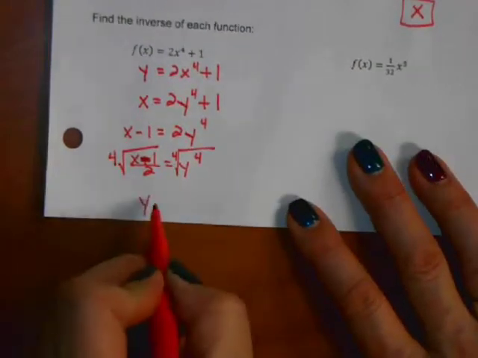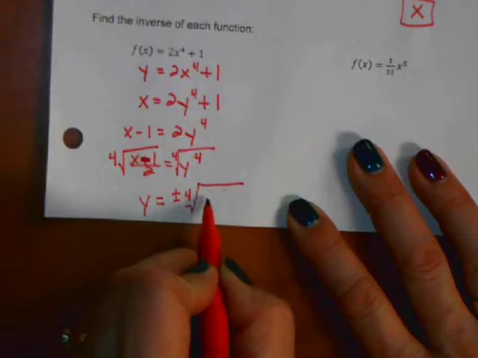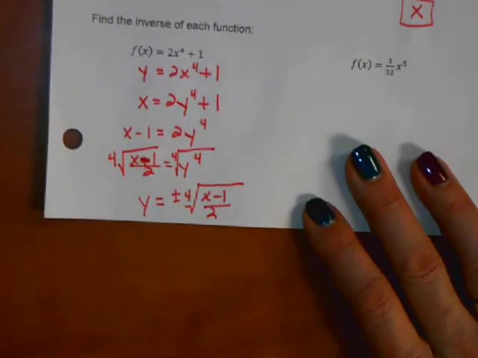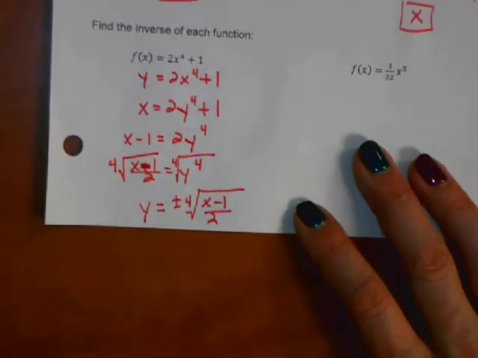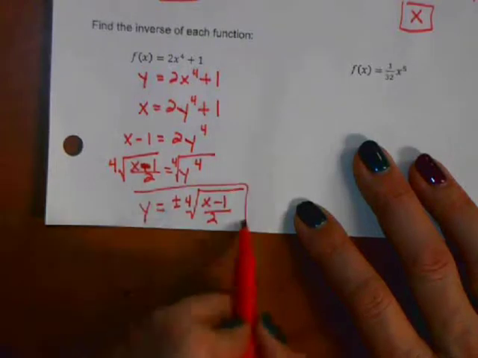I'm just going to write it like this: plus or minus the 4th root. Why did I have to put plus or minus there? Because it's an even root. Theoretically, it's not the most simplified form, but for writing the inverse, it'll be okay. You're not really supposed to have a root in the denominator, but we'll just leave it like that.